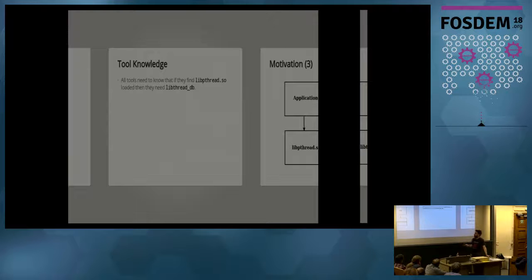Any tools that deal with threaded applications need to know that if they see the thread library, they need to load the thread debugging library. They also need to know that if your application is statically linked, then it may be threaded anyway, so it may need the thread debugging library anyway. The tools all need to know where to find the thread debugging library that relates to the threading library that you've loaded. And there's no standard way to do all this. It's just a pattern.